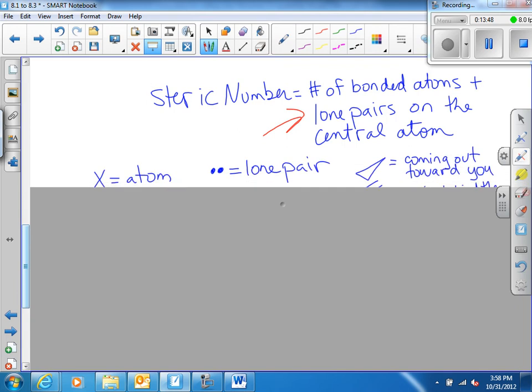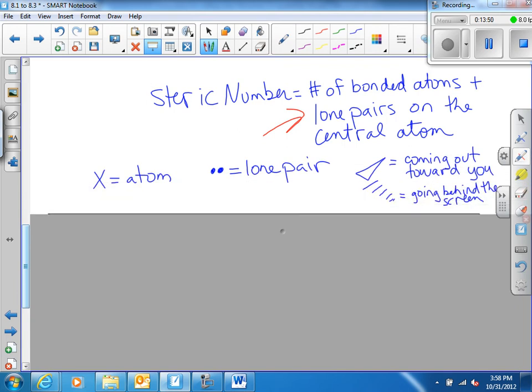Some more terminology. These are things you're going to see in a little chart below. In the chart, X means an atom, 2 dots means a lone pair, an open triangle represents either electrons or an atom coming out toward you. And if you see something in the form of a triangle but it's a bunch of lines, that means the atom or lone pairs are going behind the screen that you are looking at.